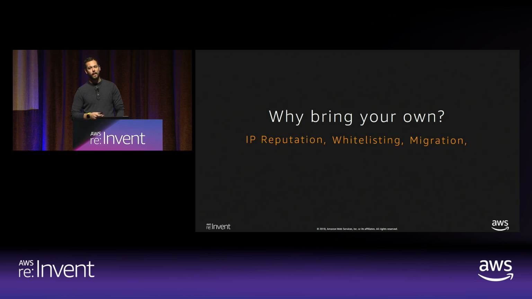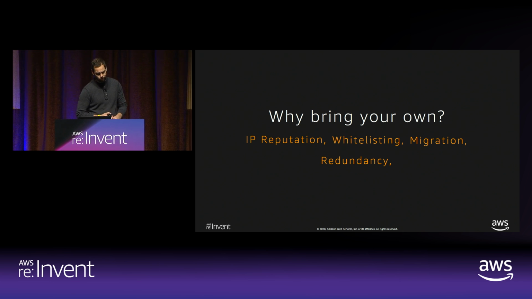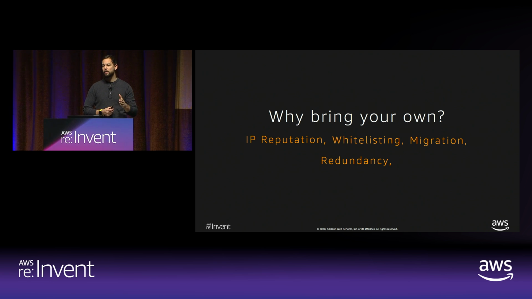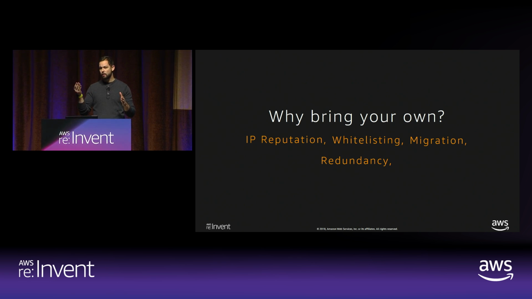So a lot of customers say, hey, I've got this public IP range. I'd love to come and use the cloud, but I really need to use this IP range. I can't change it. So you can now migrate and use that same IP. Also redundancy, and we'll talk about this in just a second. But you can advertise the Amazon or your brought IP range out of Amazon and have it advertised out of your on-premises.